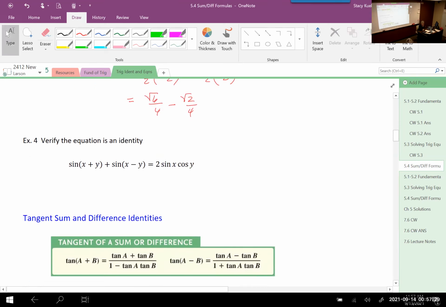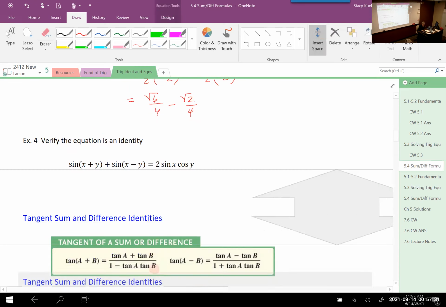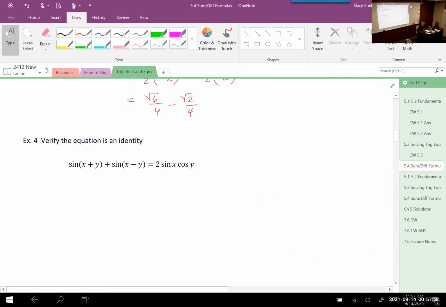Let's see if we can verify this identity using this new identity that we found. So the sine of x plus y plus the sine of x minus y is equal to 2 sine x cosine y.